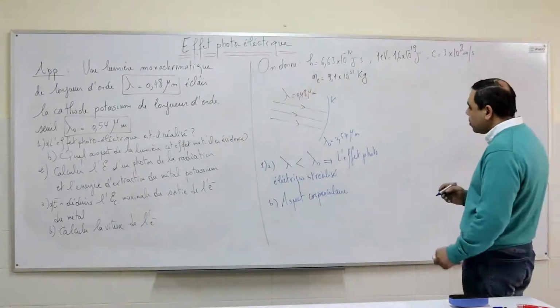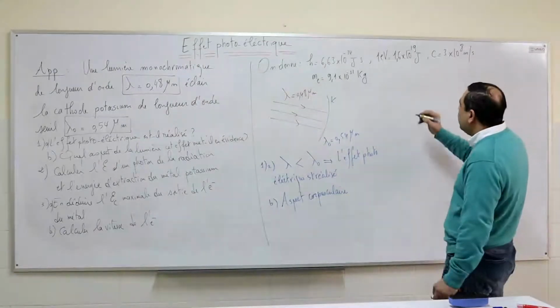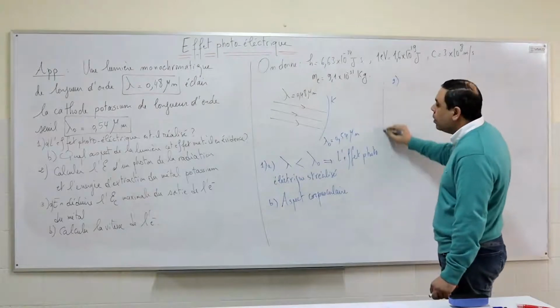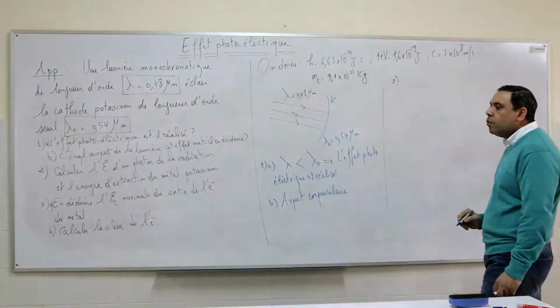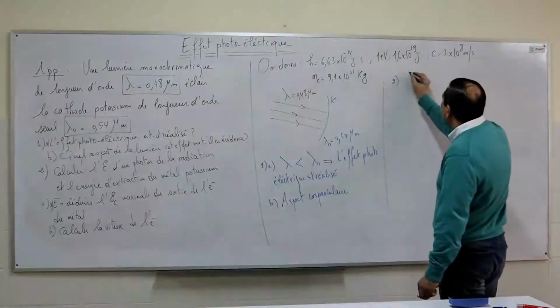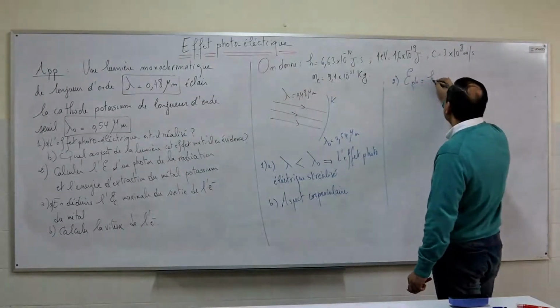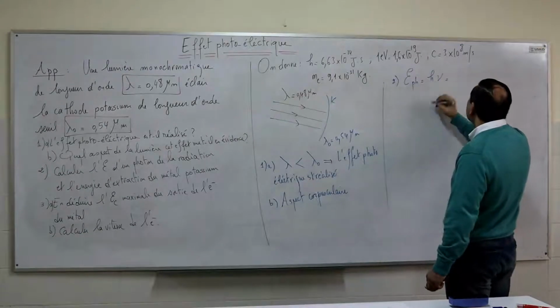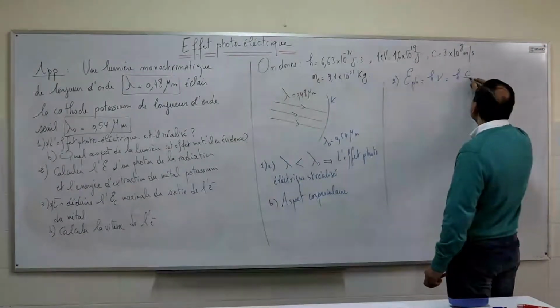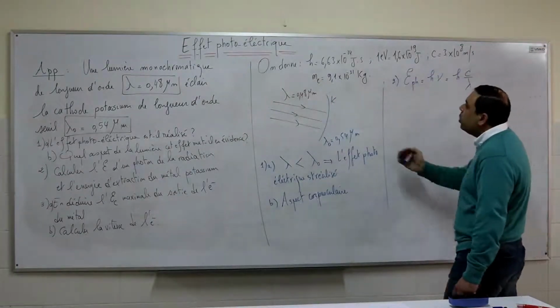In part 2, calculate the energy of a photon of this radiation. The energy of the photon is given by the formula E of the photon equals h nu. Nu is the frequency of the radiation. This is equal to hc over lambda.